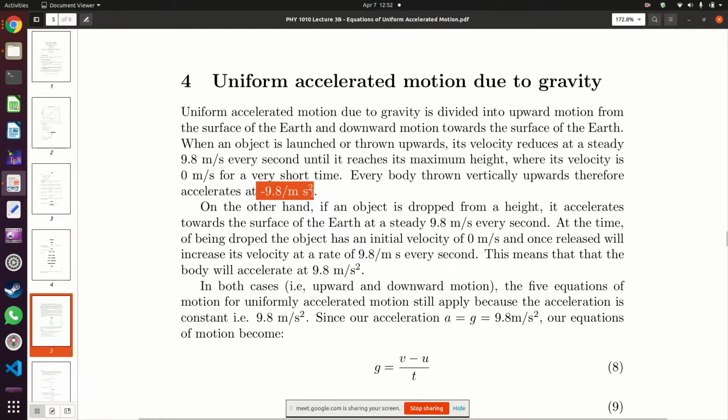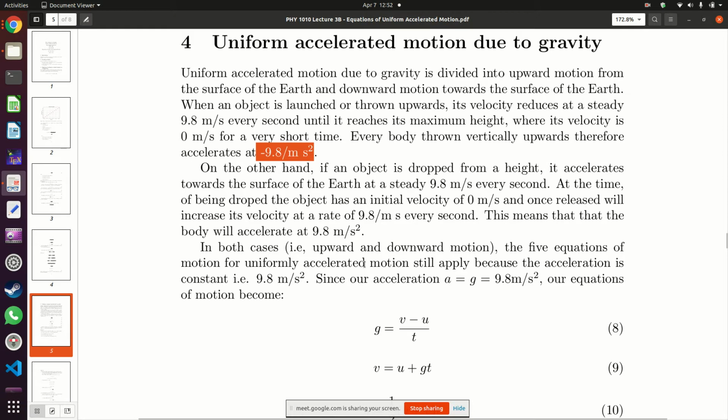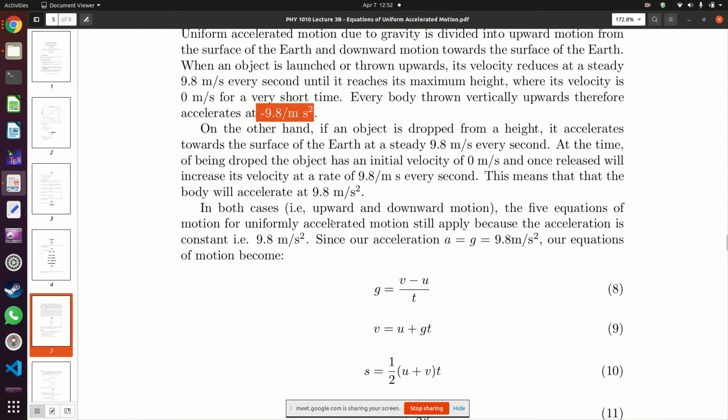Whether the object is going up or down, the size of the acceleration is the same. Are we clear? It's always 9.8 meters per second every second.